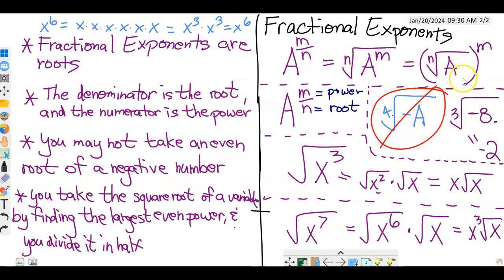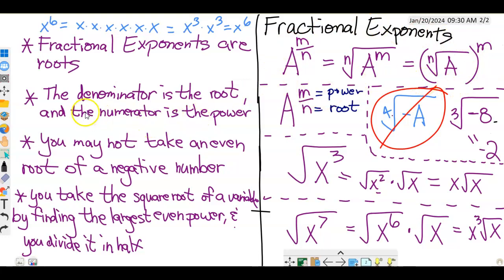I can also write it with the power outside the radical. So I can just have a underneath the radical sign, and I'm taking the nth root of a, and then I'm going to take this number and raise it to the mth power. Both of these are correct. All three of these forms are equivalent.